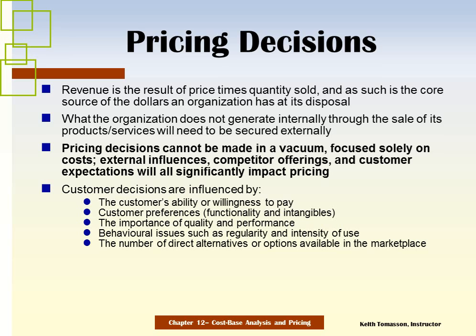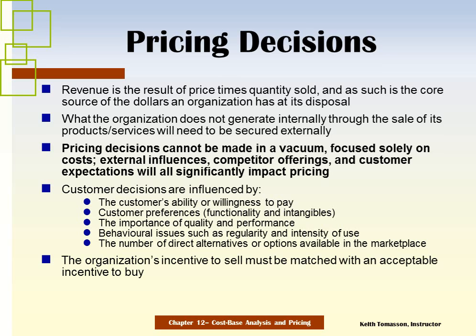They will perceive different value in the quality and reliability of our product. Behavioral issues might affect price and the volume of sales in terms of the quantity and regularity that the consumers will buy our goods and services. And of course, the number of different product substitutes or alternatives or options that are available to customers has to be considered as well.